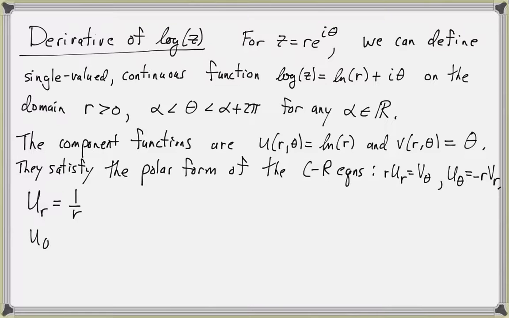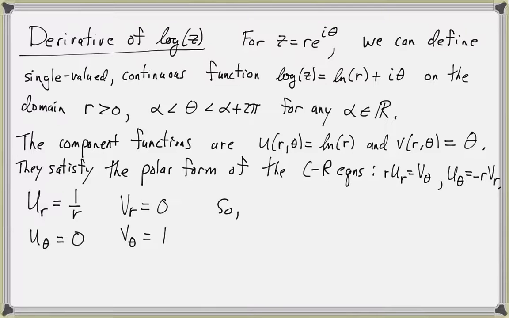The derivative of u with respect to theta, well, u doesn't depend on theta, so the derivative with respect to theta would be 0. dv dr is also equal to 0 since it only depends on theta, and dv d theta is the derivative of theta, which is 1. And we see that r times du dr equals 1, which is dv d theta. And since du d theta and dv dr are both 0, therefore du d theta equals negative r times dv dr.